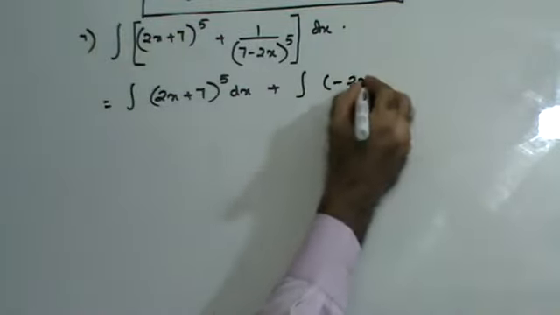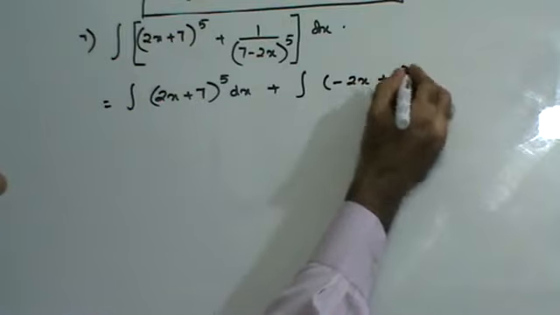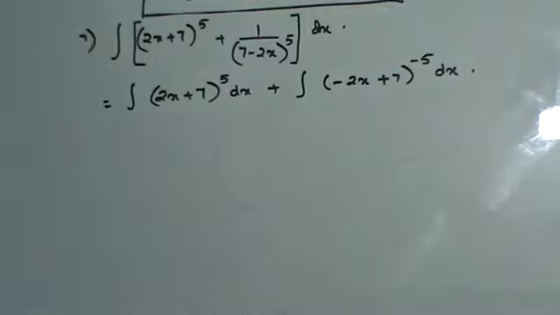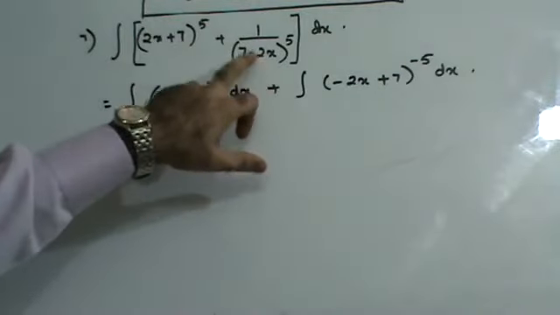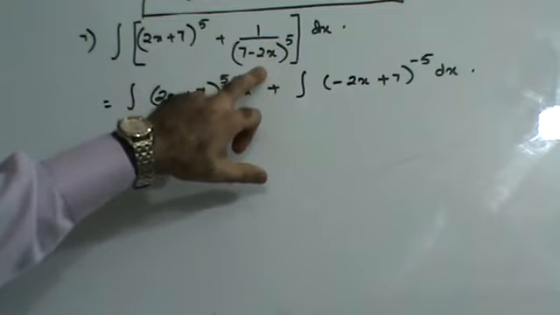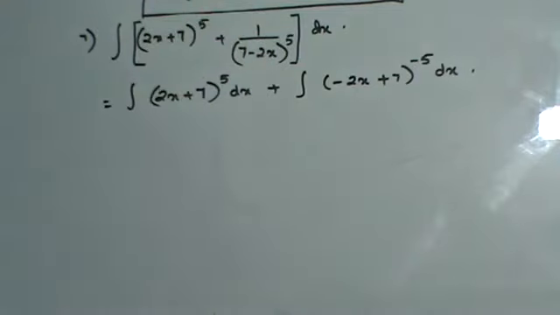Rearrange the term, this can be written as (minus 2x plus 7) raised to minus 5 dx. I just rearranged the term, I wrote this as minus 2x plus 7. Since I am taking from the denominator to numerator, I am changing the sign of the index.